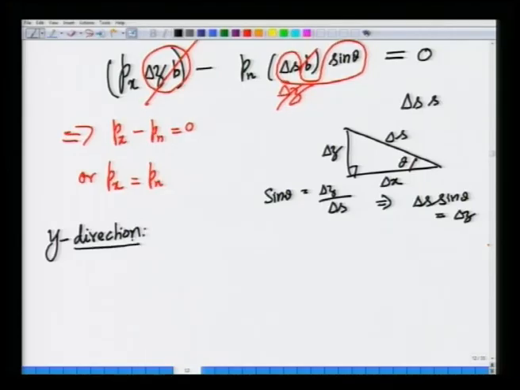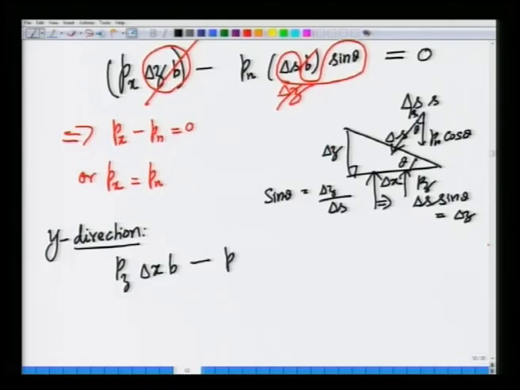In the y direction, again we look at forces. The force on this face is p z times delta x times b, that is the force in the plus y direction. And the component of the force on the inclined surface will be p n cosine theta, acting in the minus z direction.